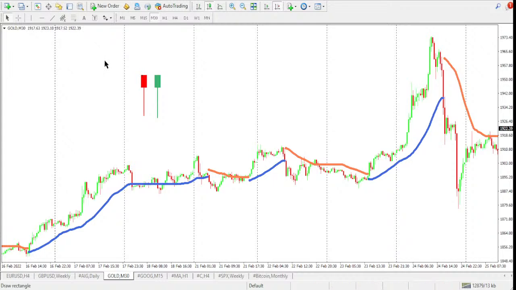A bearish pin bar looks like this, but it has a tail at the top. We have that. Then we have another one like this. This is red.